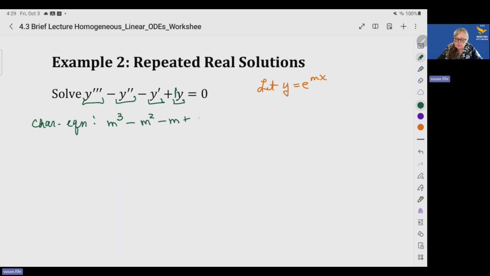That's just going to leave me with the coefficient, plus 1 is equal to 0. This gives me this third order polynomial equation to solve.